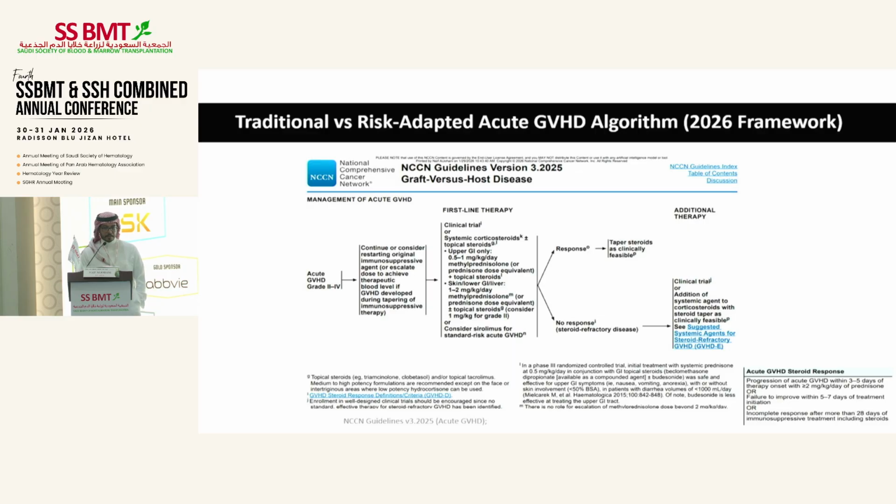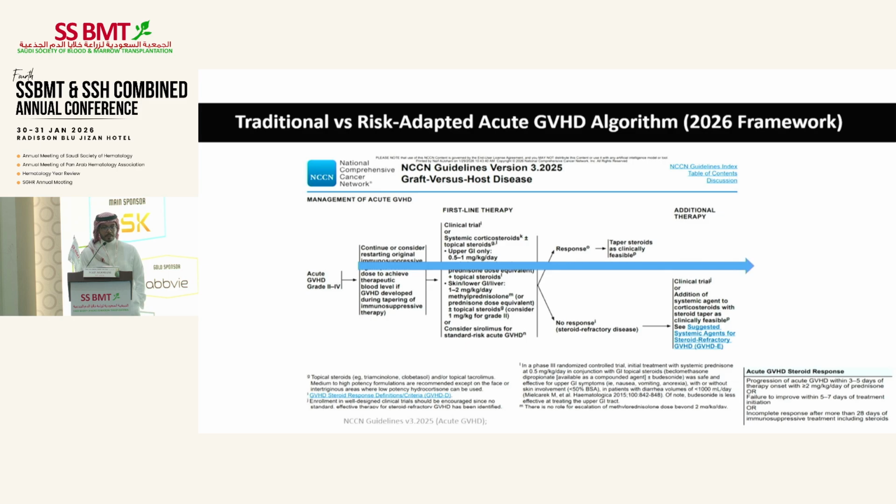If the patient has no response, they are considered steroid refractory, and then maybe they can go for a clinical trial, or you may add another systemic agent. The definitions used by the NCCN, which you can see at the bottom right, define a patient as a failure after waiting about 7 days from treatment initiation, which may be a bit late. Because probably by that time, significant tissue damage may have already happened in someone who is high-risk MAP.